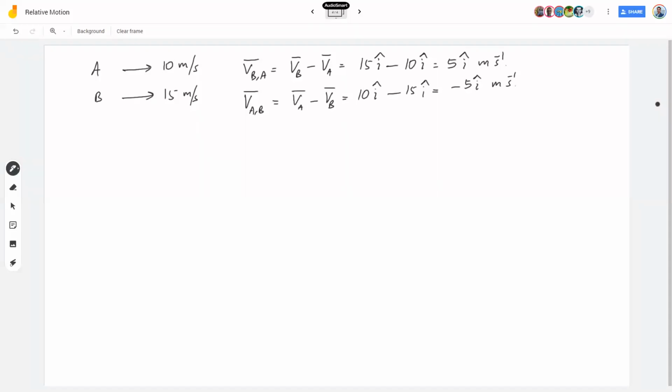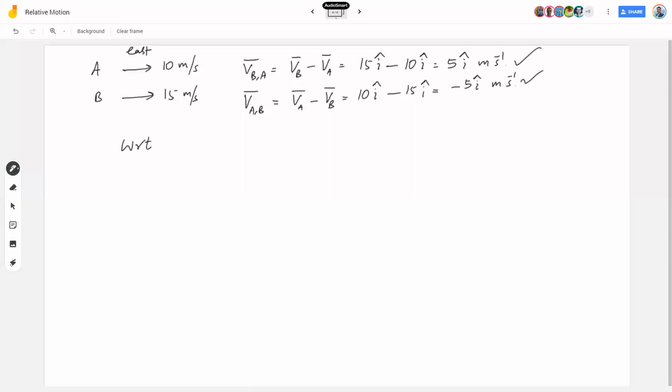A is moving eastwards at 10 meters per second. B is moving eastwards at 15 meters per second. With respect to A, B is moving eastwards at 5 meters per second. With respect to B, A is moving at 5 meters per second westwards.